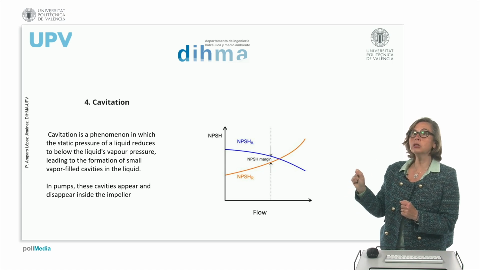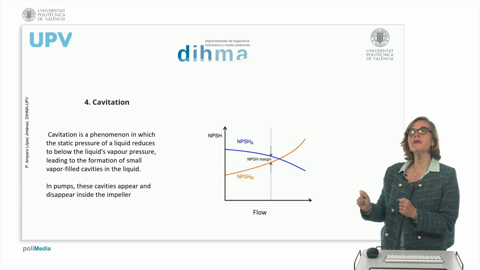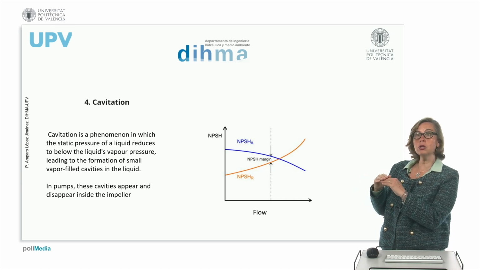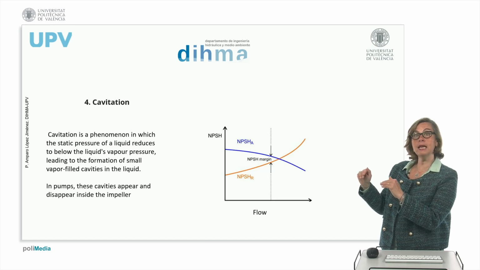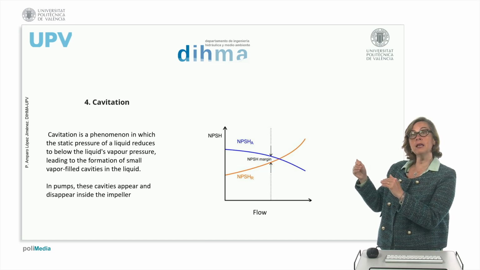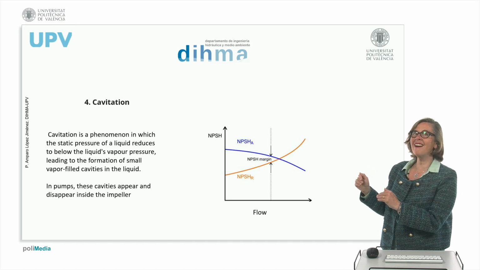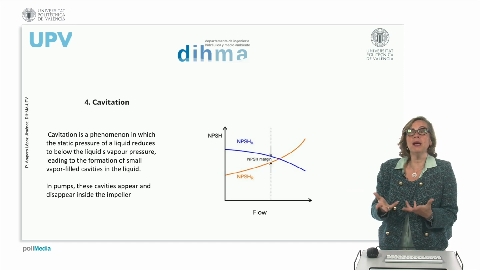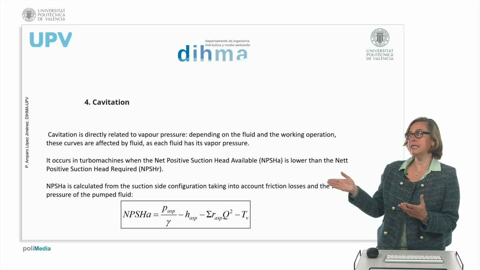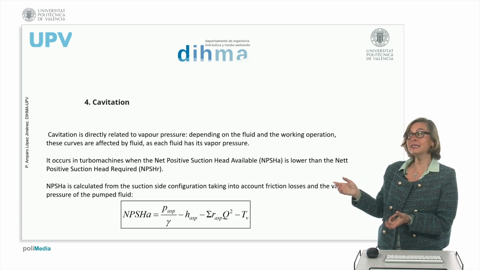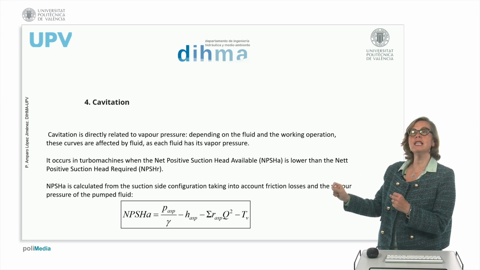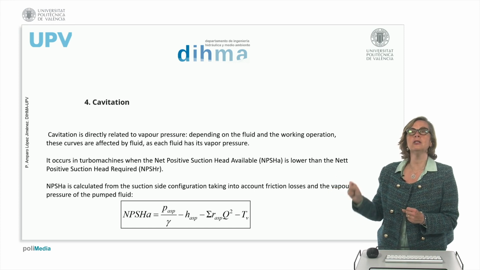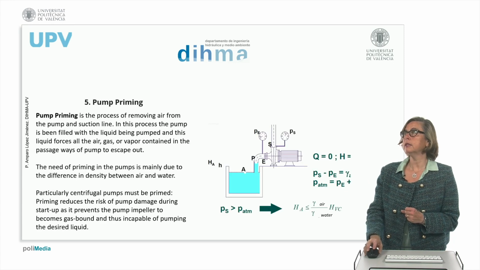So we must choose a pump with a particular flow to always have a margin in which NPSH A is bigger than NPSH R, and it is very important depending on the flow. In NPSH A we have the pressure, and the vapor pressure at the end of the expression, and it is very important to consider this.